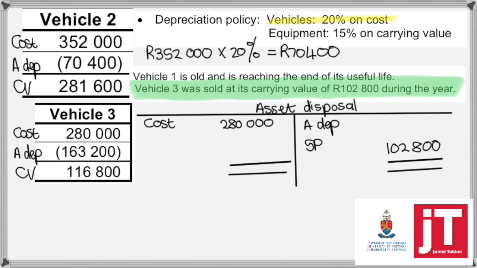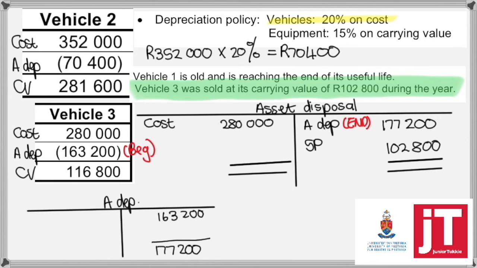So if we take the debit side minus the credit side, the total is 177,200. Now, if I look at the accumulated depreciation in the beginning and I've got it at the end, we can work out our depreciation for this year by taking the difference, and that is 14,000.